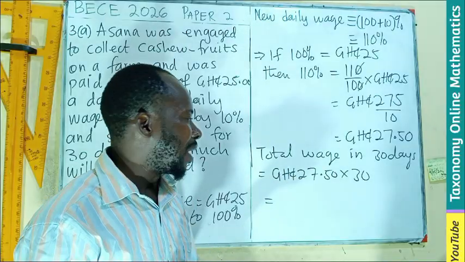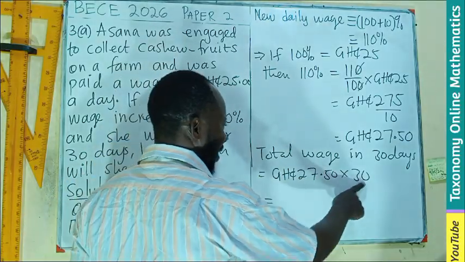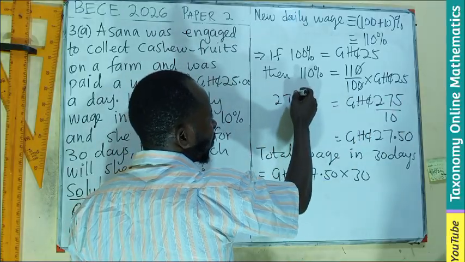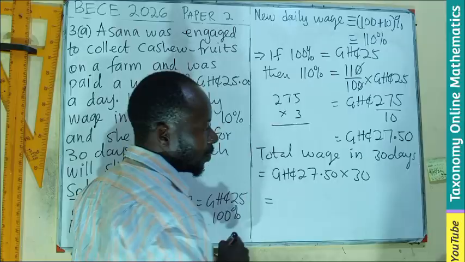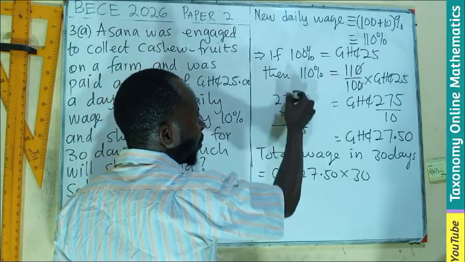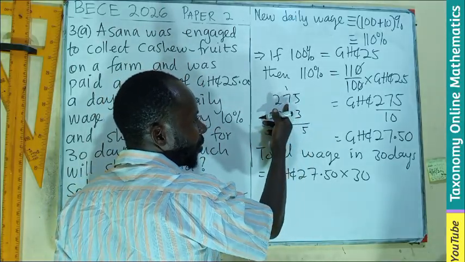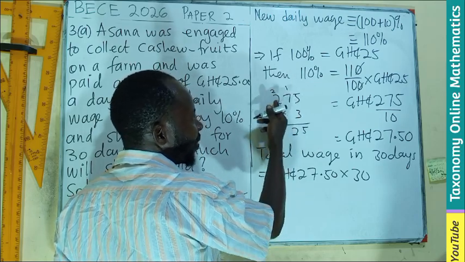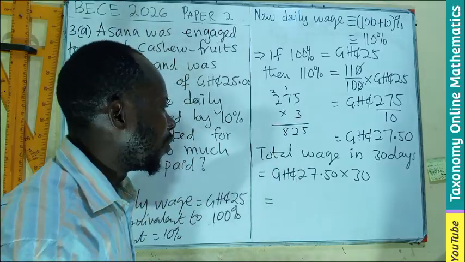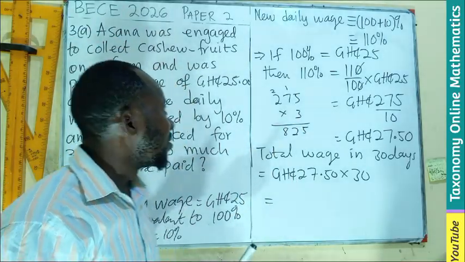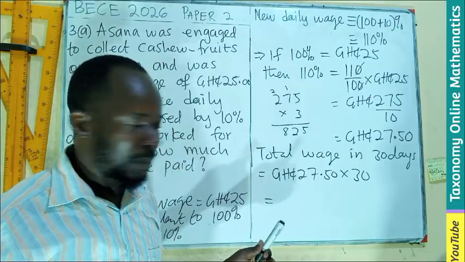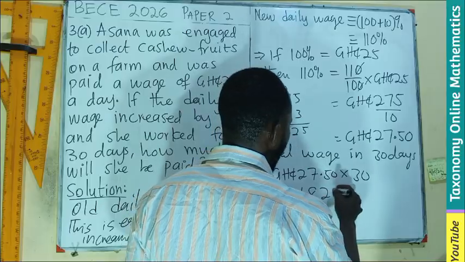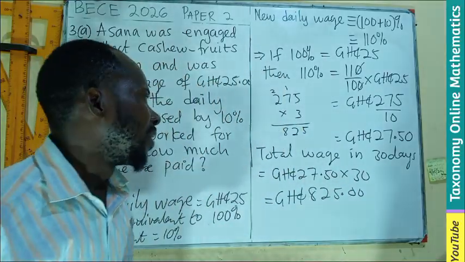So 10 times this gives me 275, then 275 times 3. That will make 15, carry 1, 14, 21 plus this 22, carry 2, 6 plus this 8. So we are going to have 825 cedis being paid in 30 days. So that will give us 825 Ghana cedis. All right.